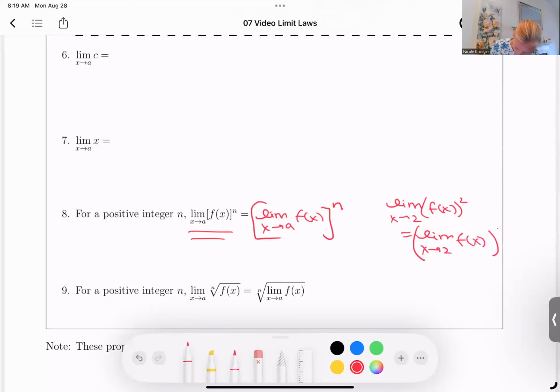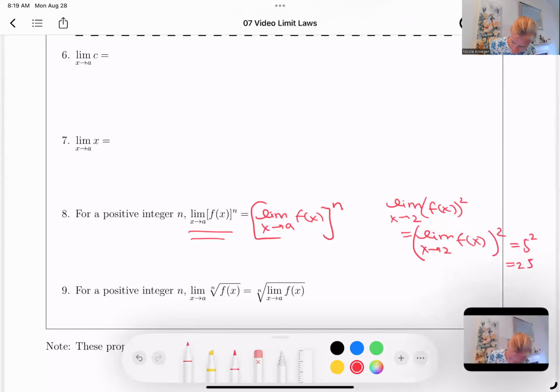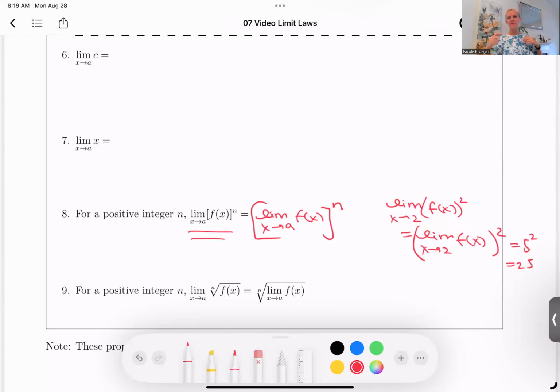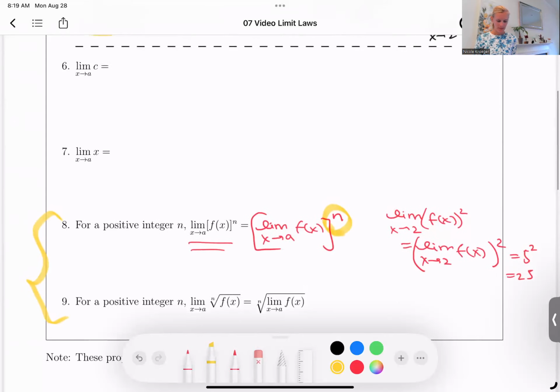So I can compute the limit first and then I can square. The limit was 5 from before, so we get 5 squared or 25. And then that last property says I can do the same thing with roots. So if this was a square root, I can move the square root outside of the limit. So these last two properties are similar ideas.